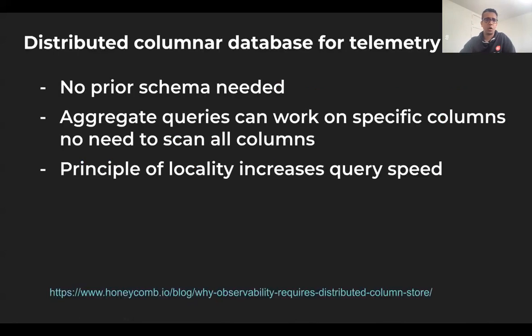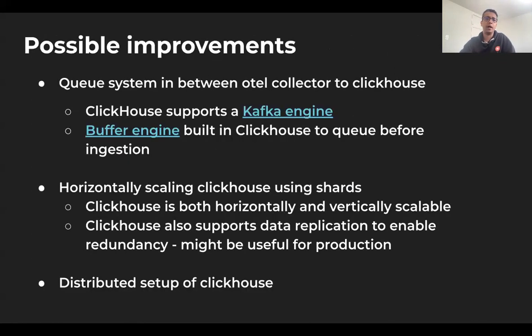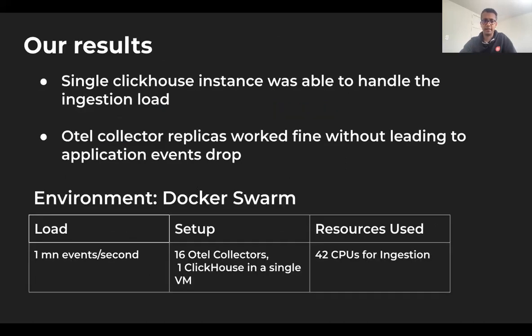So yeah, that's broadly what I was trying to convey: even using OpenTelemetry and a ClickHouse data store, which we use at SigNoz, we have been able to scale it to 1 million events per second, which is a huge scale and good enough for many enterprises, right?